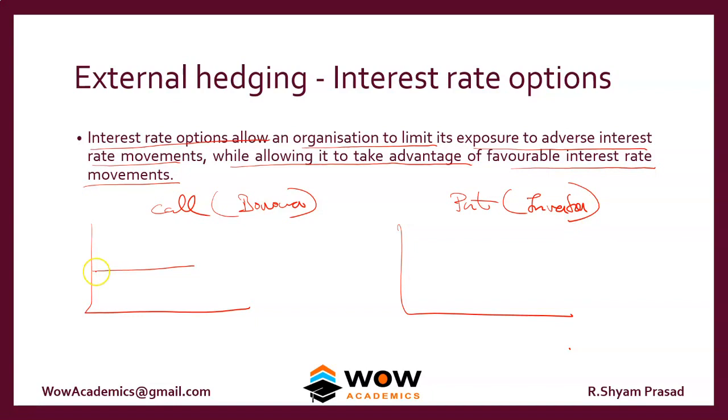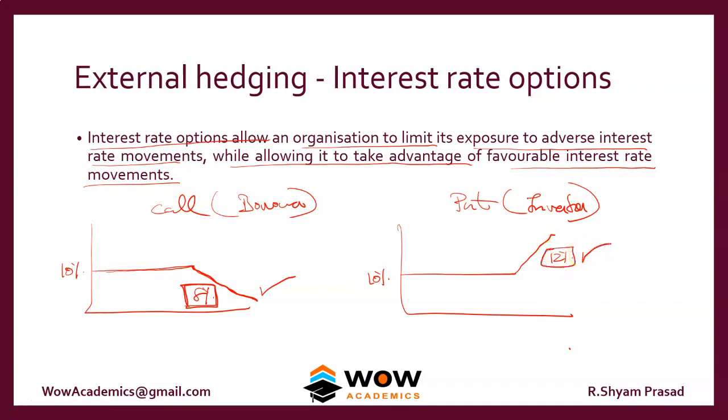For a borrower, if the interest rate falls, he will take advantage of this also. So if the 10% goes down to 8%, he will take advantage of this. For an investor, if he is going to receive 10% always, and if the interest rate goes up to 12, he takes advantage of this also.